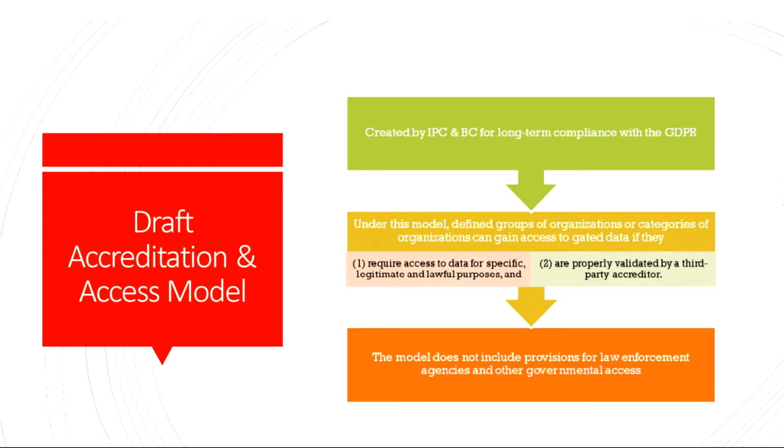And so those types of entities might include researchers, cybersecurity researchers, folks that are working to try and stop other types of spam and DNS abuse. It might include IP owners that are trying to prevent counterfeit versions of things from being on the web. And so there's a number of different types of consumer protection organizations that might request the data and try to use it in different ways.